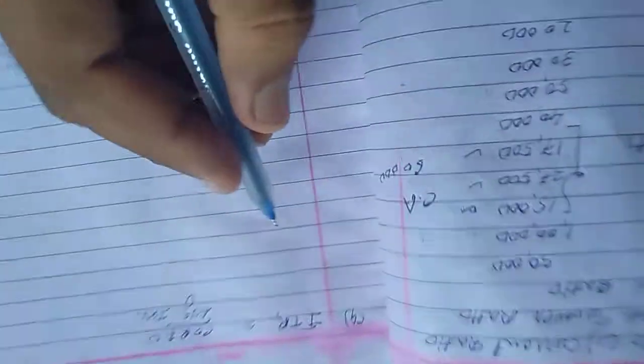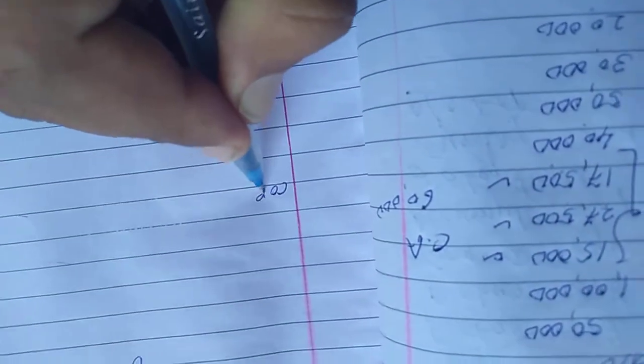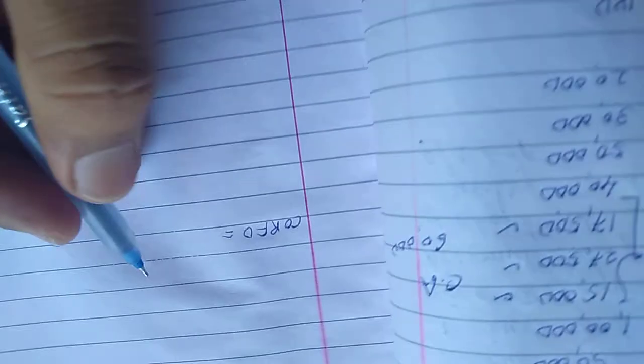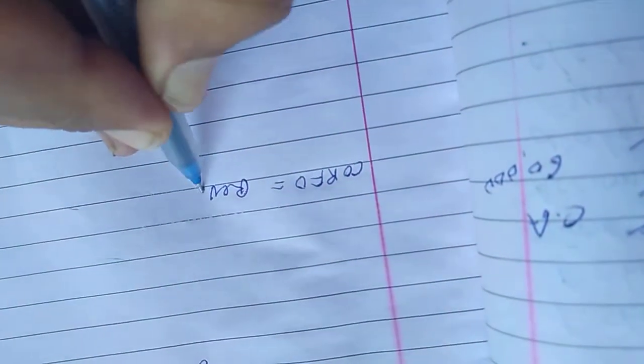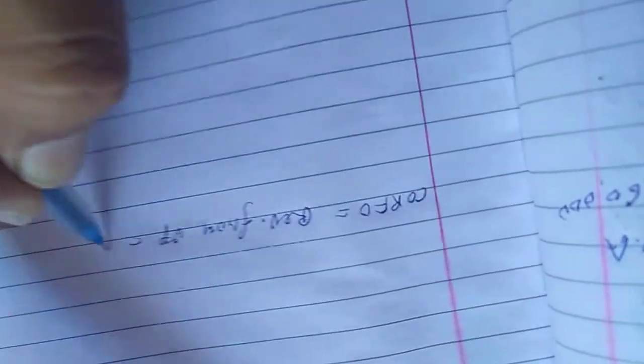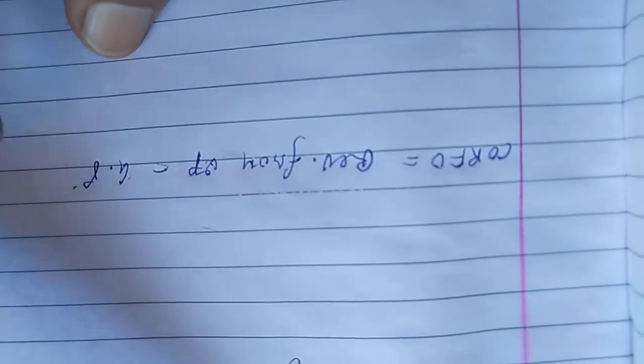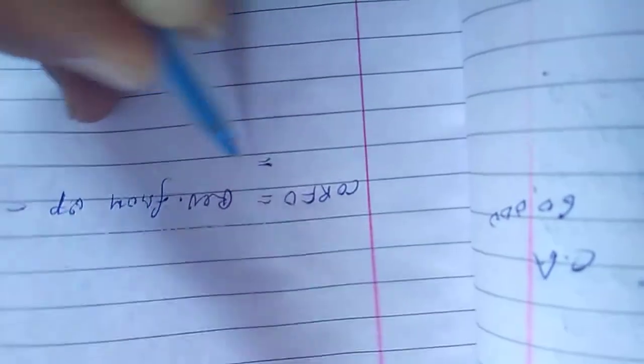So in the note you can write: cost of revenue from operation is equal to revenue from operation minus gross profit.